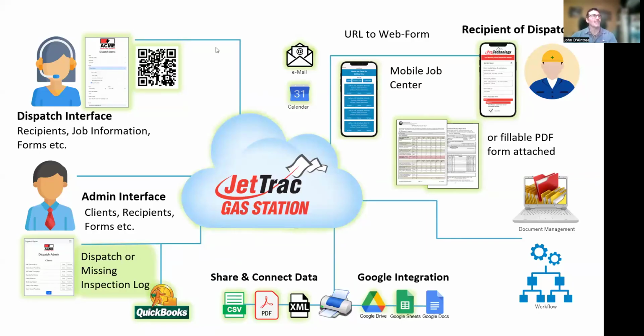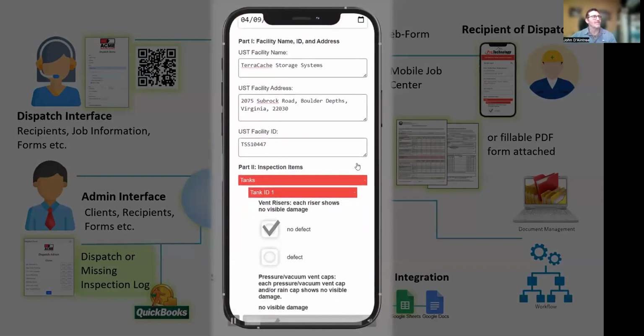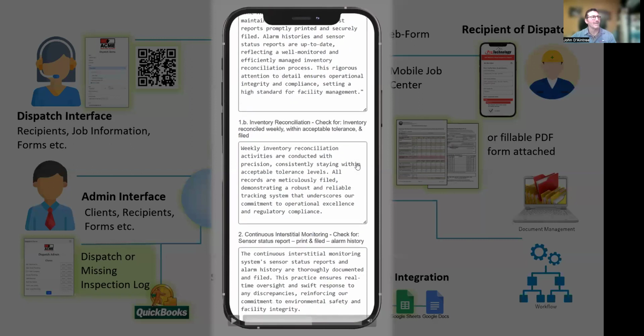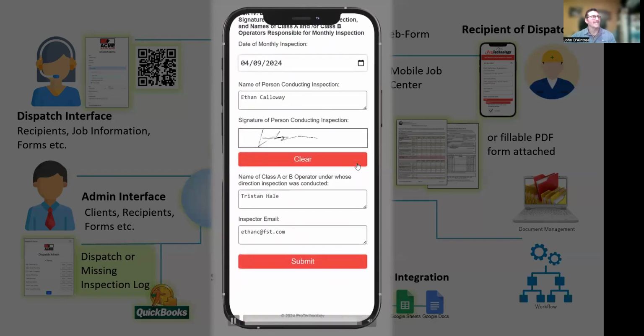As I was saying, once you either scan the QR code or do the dispatch, JetTrac pre-populates all the information we know for that particular store, from the QR code or from what you picked in the dispatch. So we'll do all that pre-populating we were talking about. Then in the field, you just open that, go through it very quickly on the phone, and hit submit.